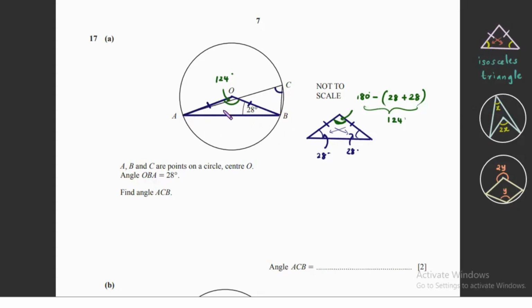So if this is 124 degrees, the angle at the circumference will be half the angle formed at the center. I need to divide 124 by 2, which gives the value of angle ACB, that is 62 degrees. So angle ACB is 62 degrees.